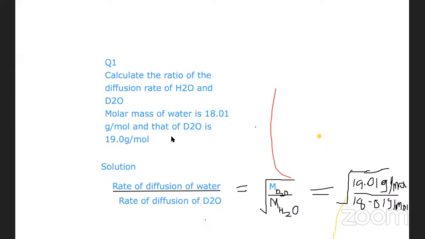Oludele John, what is the answer? I've unmuted you. Answer the question. Ma, the answer is 1.027, ma. Okay, that's good. That is the answer. Correct.